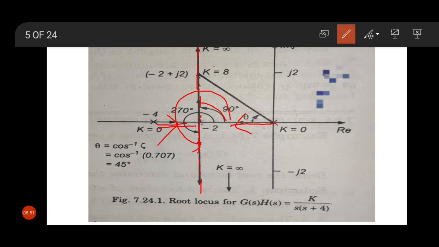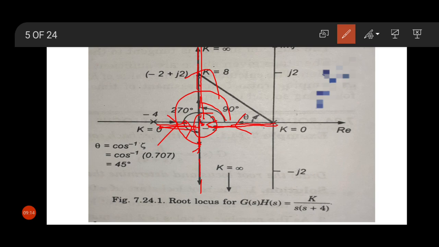The loci start from 0 and -4 in this way, and they meet at the breakaway point, and our breakaway point is also -2. So these two loci meet at the breakaway point at -2, and from -2 they leave the real axis and follow our asymptotes.